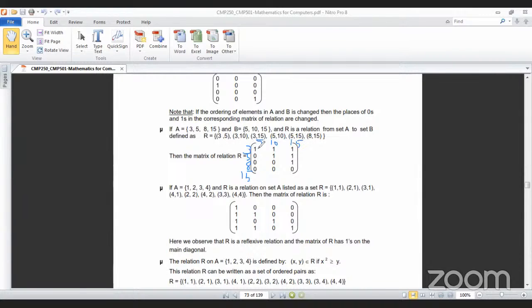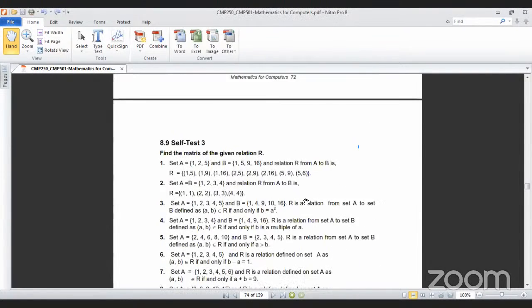So you can see (3, 5) is taken as 1. (3, 10) is also taken as 1. (3, 15) is taken as 1. (5, 10) is taken as 1. (5, 15) is taken as 1. (8, 15): where is my 8? 8 is over here, 15 is over here, so 1. Understood? Yes, ma'am.